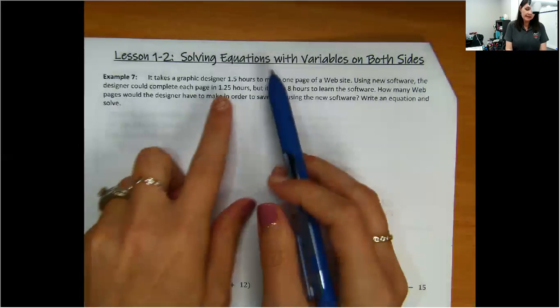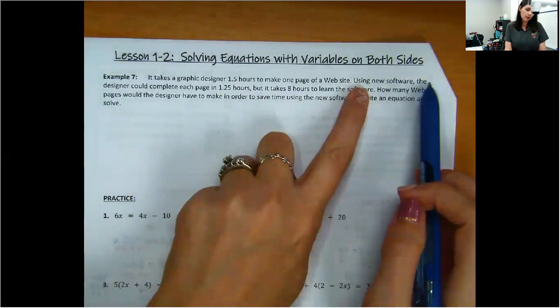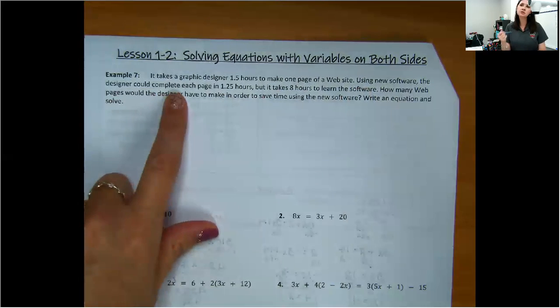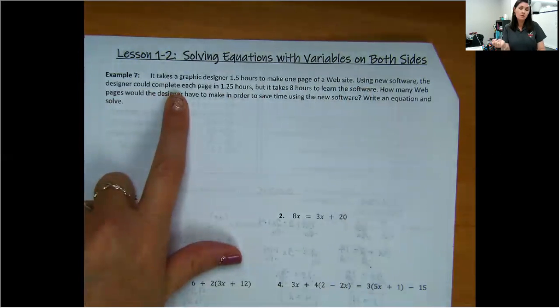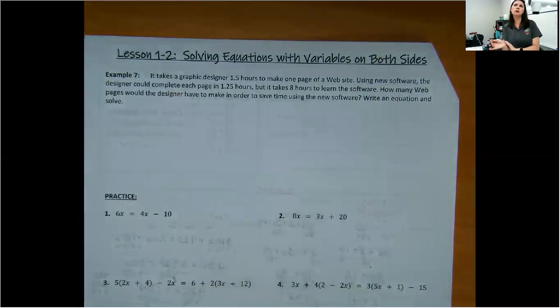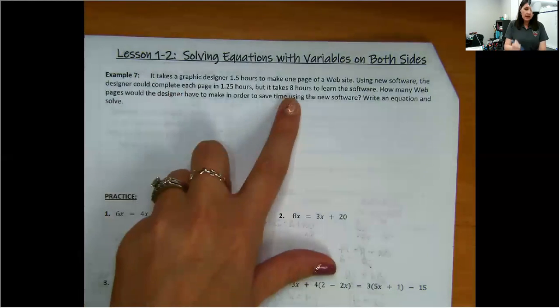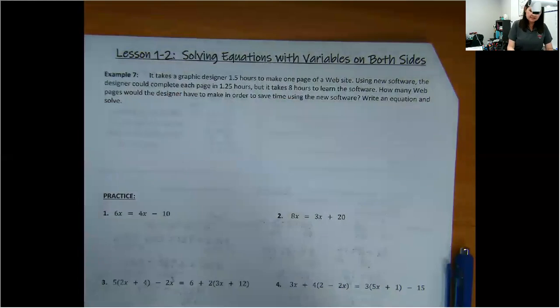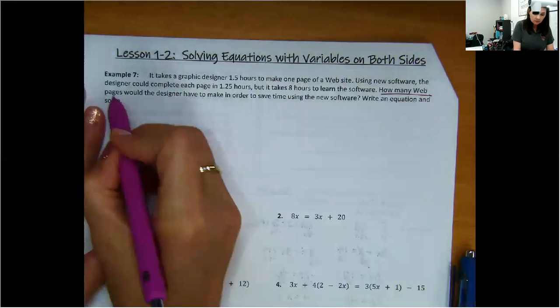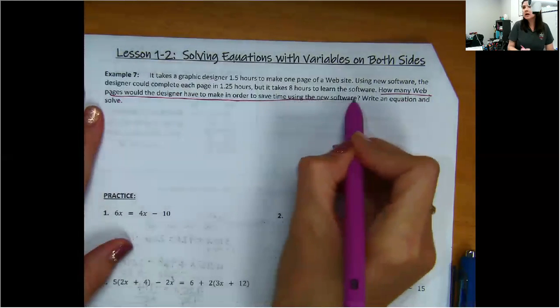Using new software, the designer could complete a page in 1.25 hours, but it's going to take him 8 hours to learn it. So he's trying to weigh the cost. Will it eventually save me time? Or do I want to stick with the old software? How many web pages would the designer have to make in order to save time?